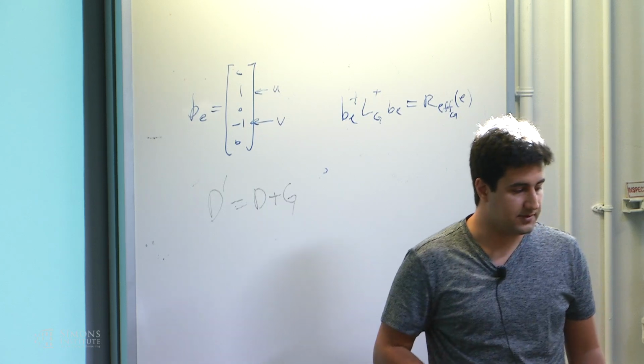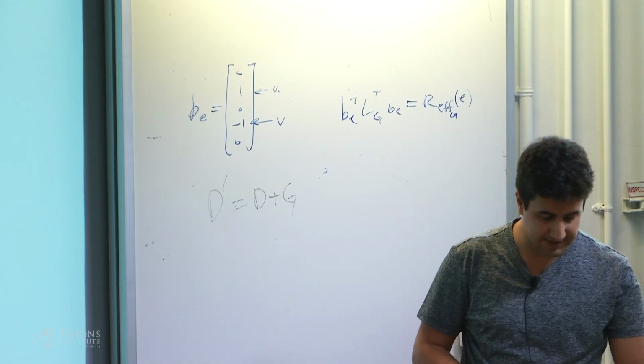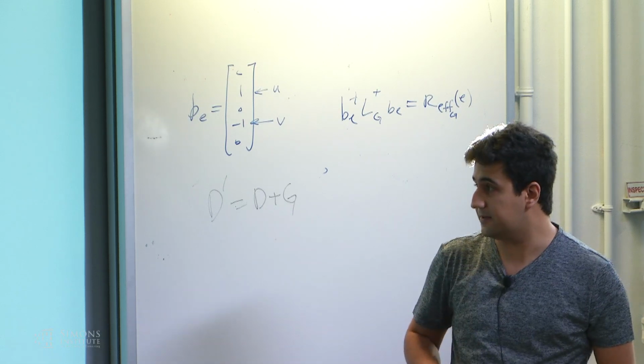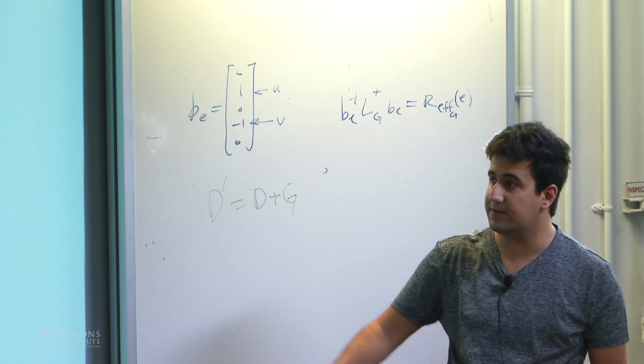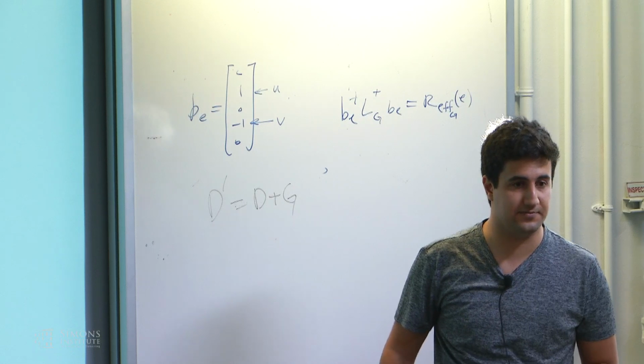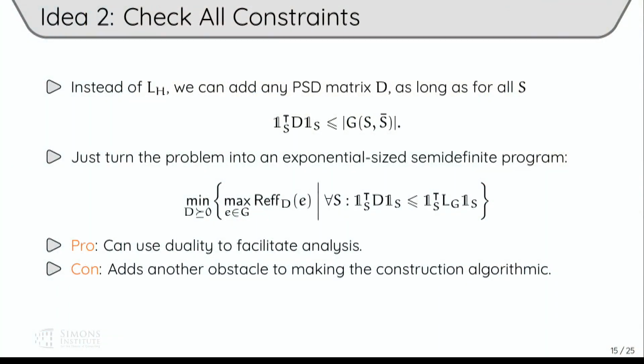Oh yeah. So if such a matrix D exists, why can we use that statement over there to prove the existence of a spectrally thin tree? Okay. So the point is, take the above statement.